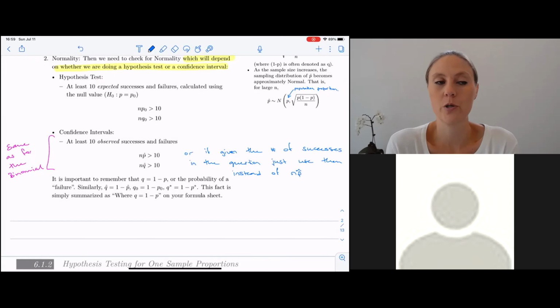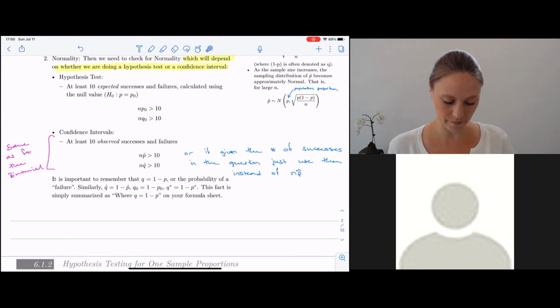So if you're told that 87 out of 250 teachers said something, I don't know, then 87 is the number of successes, and then 250 minus 87 is the number of failures, right?